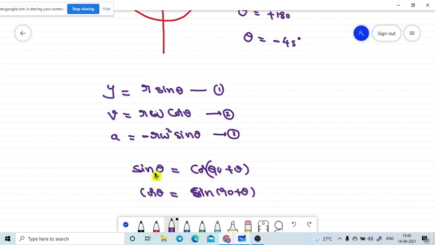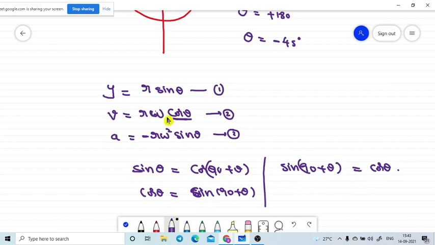So instead of cos theta, what can we write here? Instead of cos theta, I am planning to write sine of 90 plus theta. Are you getting that now? Yes, sir. So sine of 90 plus theta is equal to cos theta.